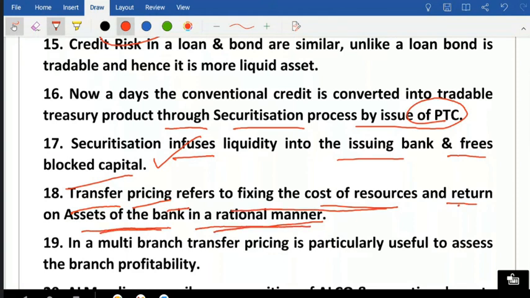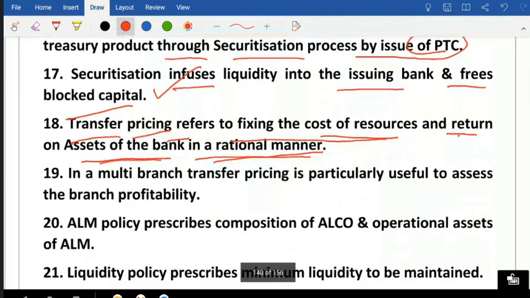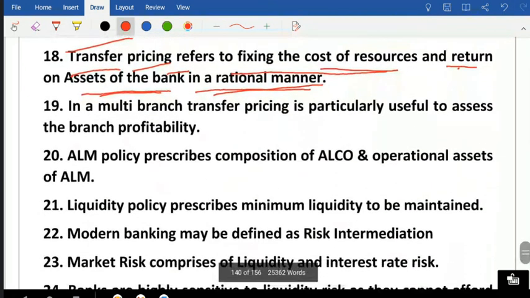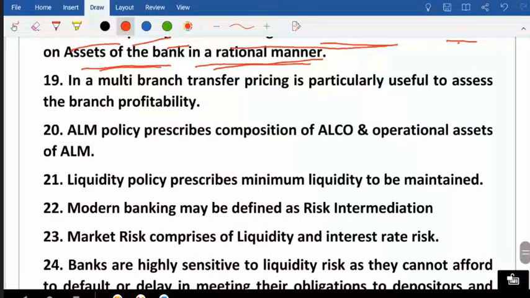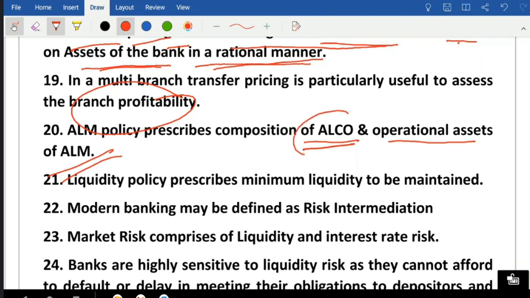In a multi-branch setup, transfer pricing is particularly useful to assess branch profitability. That means you can transfer to multiple branches also. The ALM policy prescribes the composition of ALCO, the Asset Liability Committee. ALCO will be the operational arm of the ALM.